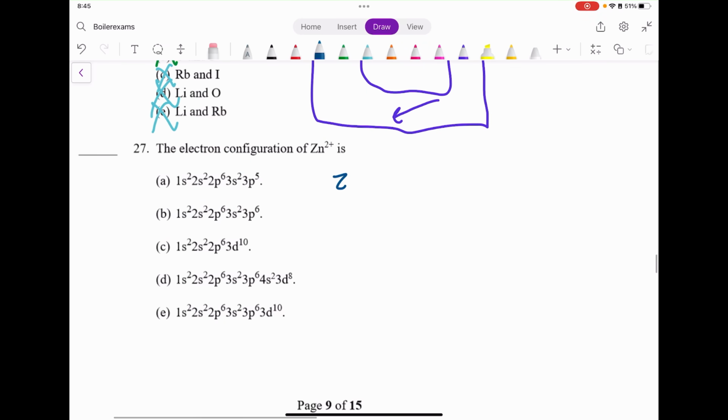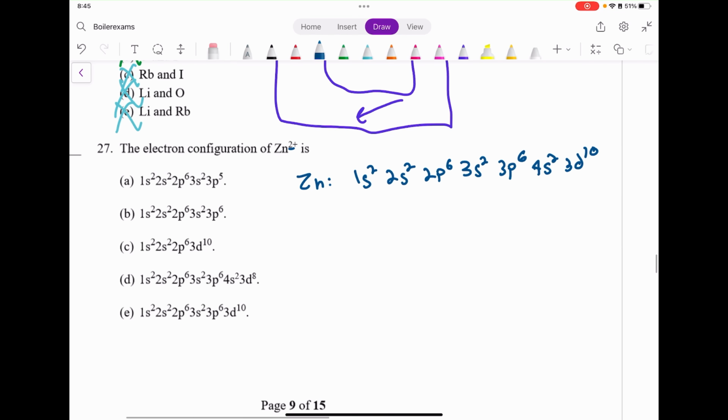So this is an ion, it's got a 2+ charge. Let me first write the ground state configuration for neutral zinc. So 1s2, 2s2, 2p6, 3s2, 3p6, 4s2, and then 3d10.